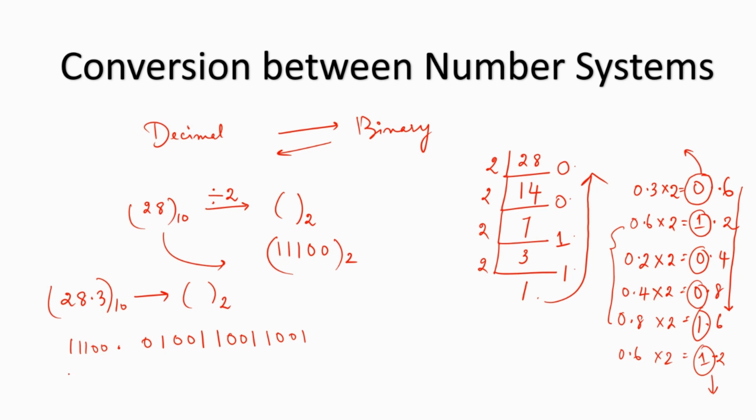So I can write this as 1 1 1 0 0 dot 0 1 0 0 1, where 1 0 0 1 is recurrent. So this is the binary representation of 28.3. So this is how we convert from decimal to binary.